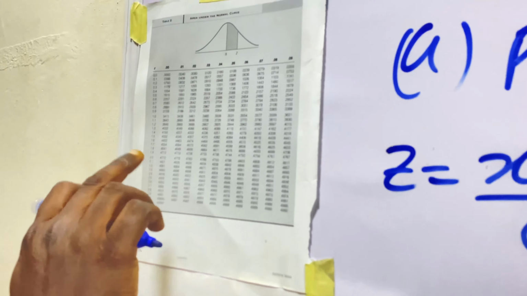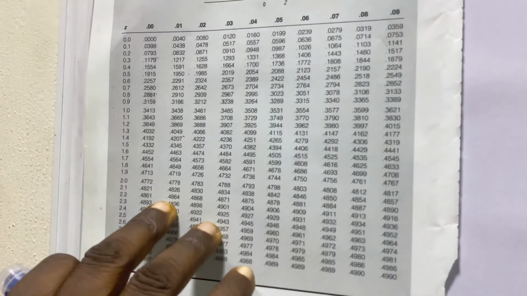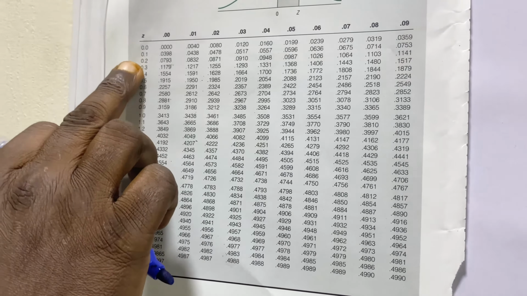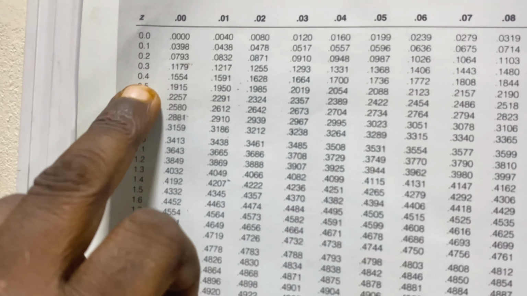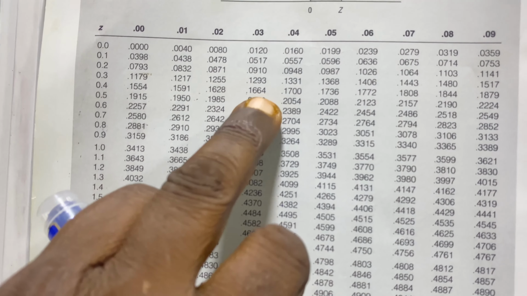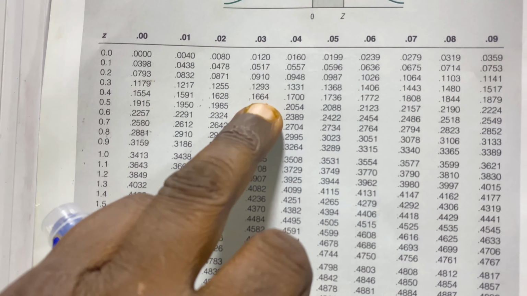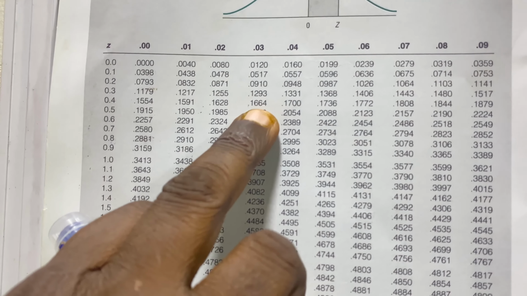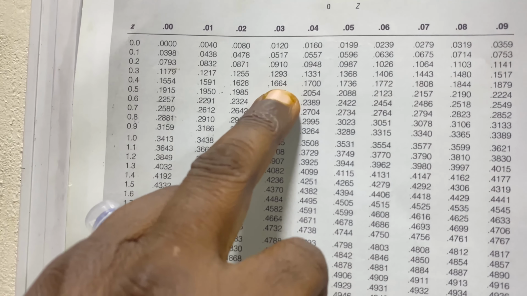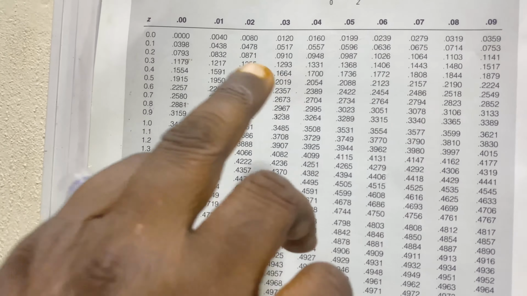If you follow me here, we have our normal distribution table, and we're going to go to 0.4. Can you see that? 0.4, and then we will trace 0.03. What do we have? We have 0.1664. So this is the probability we're looking for at the moment.